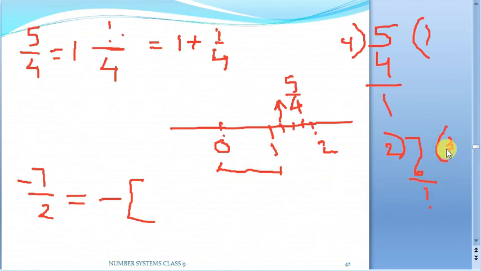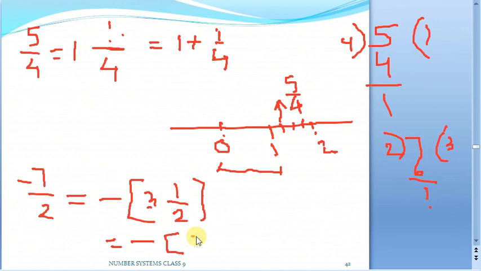As I said, first our quotient 3 comes, then the remainder, and our divisor 2. So this is minus of 3 1 by 2. Forget this minus, 3 1 by 2 is same as 3 plus 1 by 2.